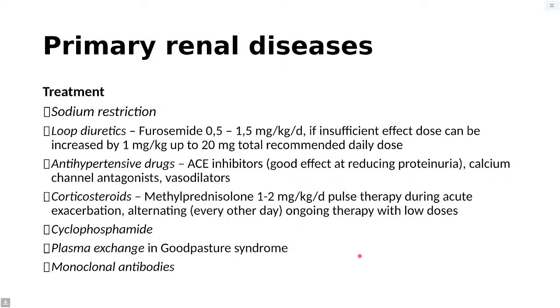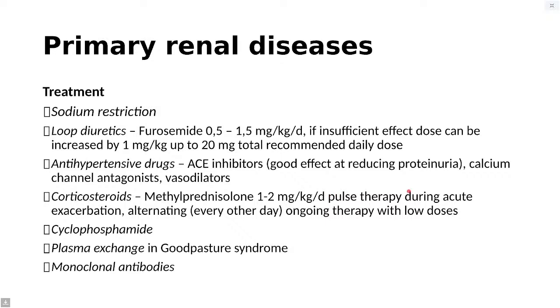Treatment for primary renal diseases. The first is sodium restriction. Loop diuretics, antihypertensive drugs, and corticosteroids, for example methylprednisolone 1 to 2 milligram per kilo per day.